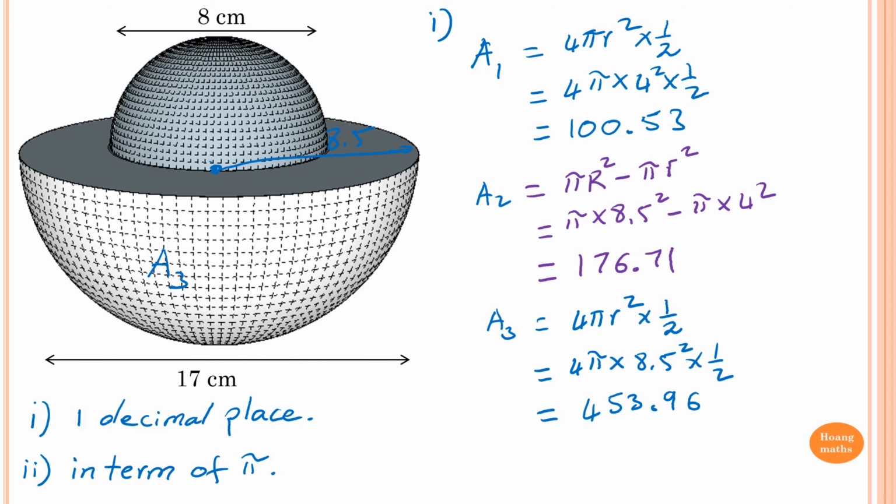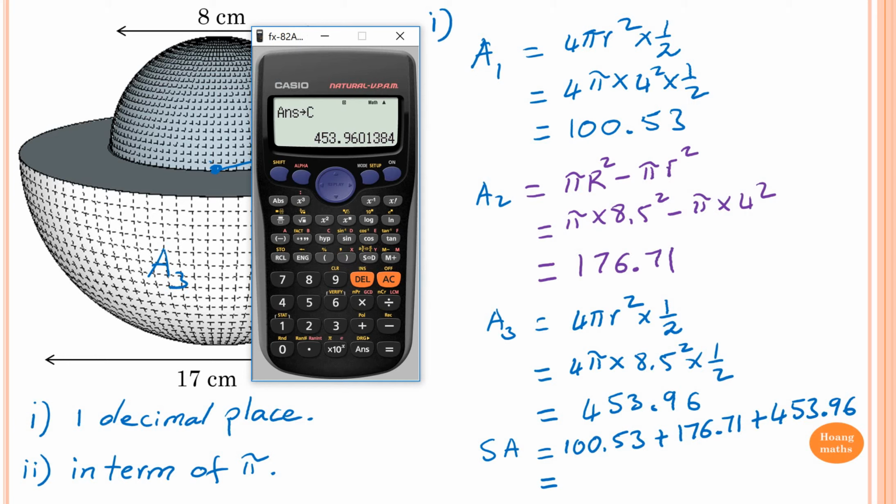So now the surface area SA is equal to 100.53 plus 176.71 plus 453.96. Now what I do is I just bring the calculator up and I just add all these numbers together.